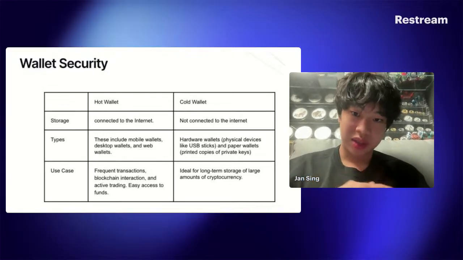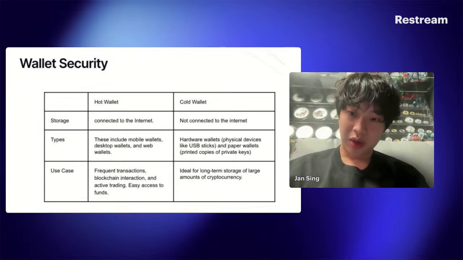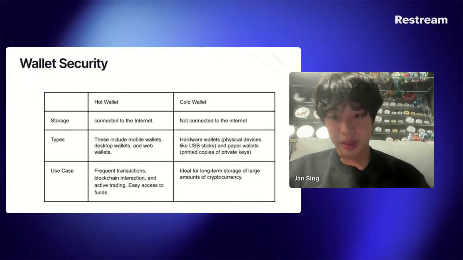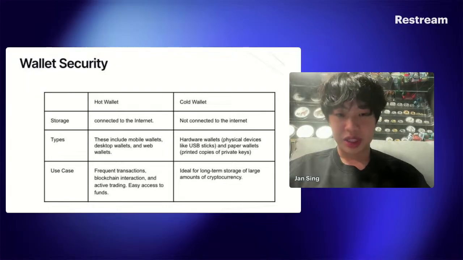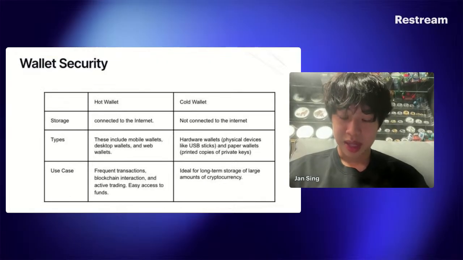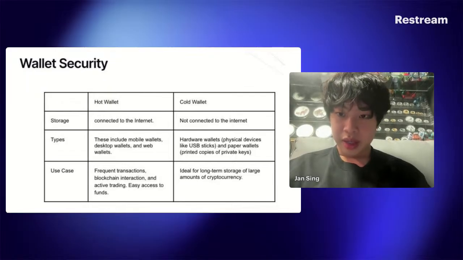It takes a bit longer because of the extra security. A hot wallet is connected to the internet, so it's more vulnerable to hacker attacks, but it's much easier to make transactions and trades. So here are the pros and cons of hot and cold wallets. Make sure to check that if you're planning to get some crypto.